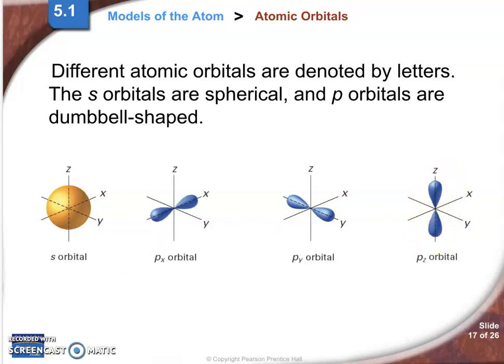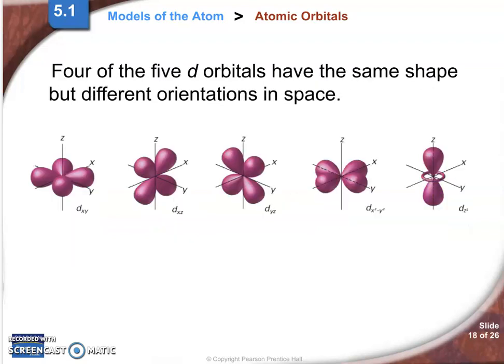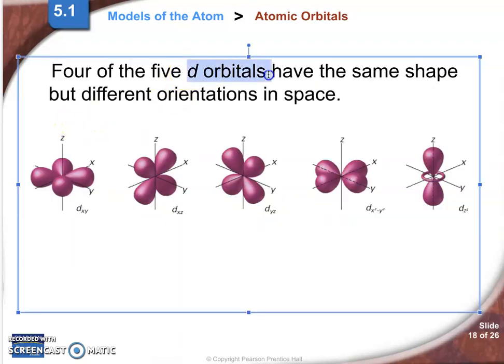Okay? We have more orbitals. There are many different shapes to find the electrons. These are called D orbitals. We have 5 different D orbitals based on the motion of electrons. It can go in the XY direction, XZ direction, YZ direction, between Y and Z, and also in the Z direction with a ring in it.